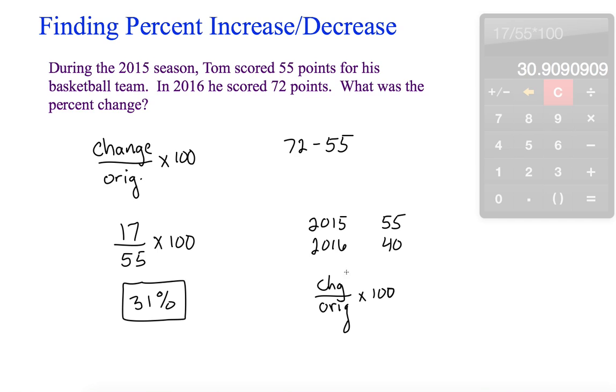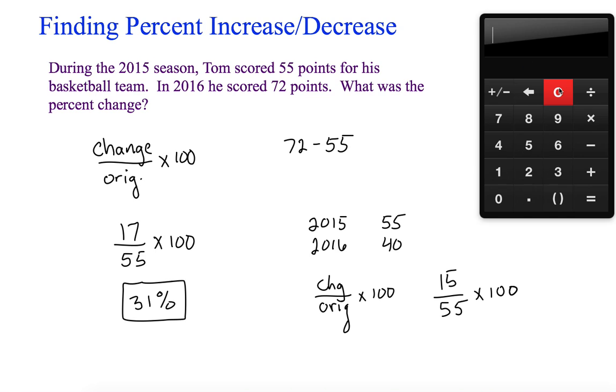So here we go. The change from 2015 to 2016 was going to be 15. 55 minus 40 is 15. I divide that by the original amount, which again is the 2015 amount, which is 55, and then I'm going to multiply that by 100. So let's see what we have.